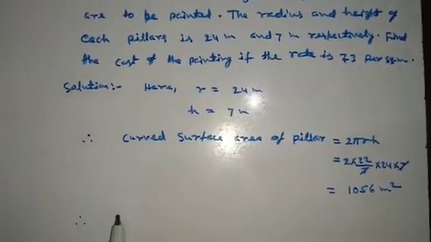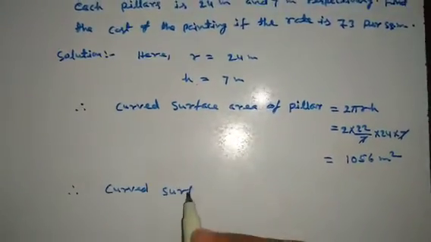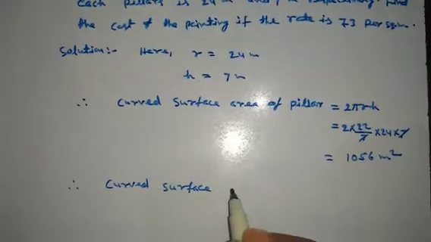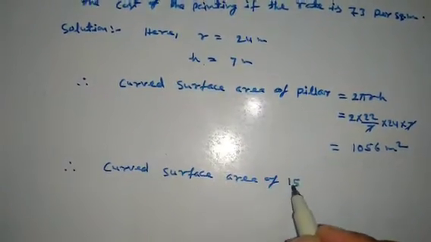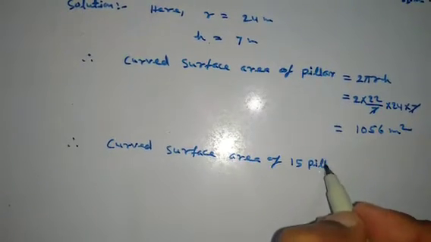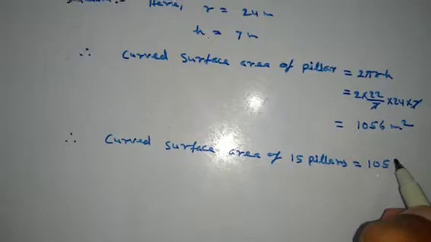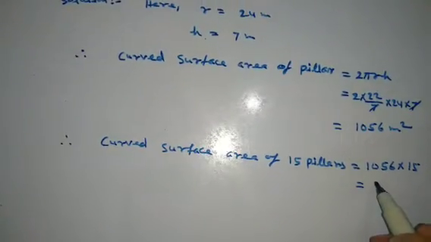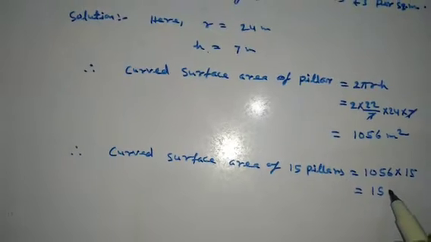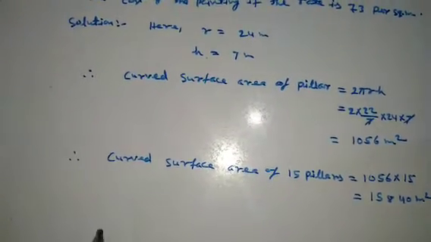Therefore curved surface area of 15 pillars equal to 1056 into 15 equal to 15,840 meter square.